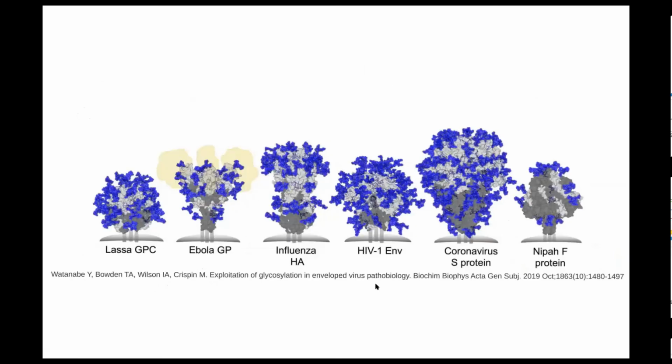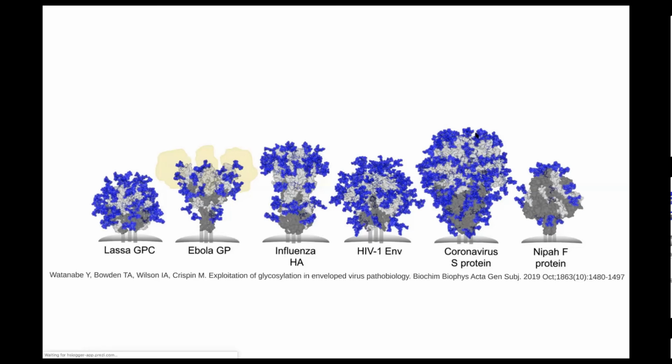And the idea is that it has an impact biologically, and I cannot escape, at this time of the pandemic around the world, not to mention the glycan shield and the fact that the surface viral proteins are, I mean, not all the viruses, but the viruses here, are heavily decorated by sugars.